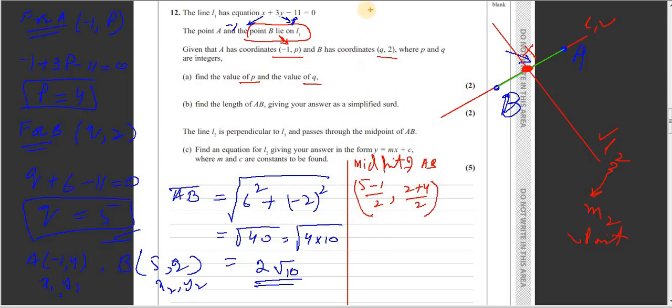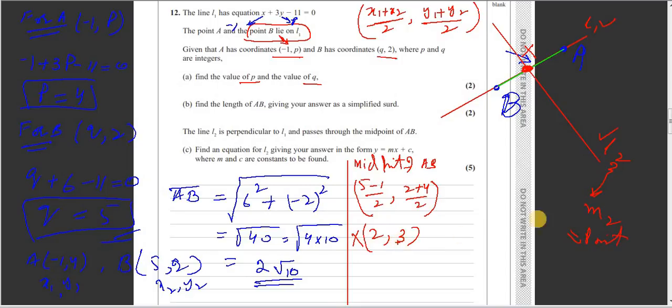The midpoint is x1 plus x2 upon 2, comma, y1 plus y2 upon 2. This is the coordinate of a midpoint. And when you solve that, the midpoint would be 5 minus 1, 4, so 2, comma, 2 plus 4, 6, 6 divided by 2, 3. So 2, comma, 3. This is the coordinate of the point X, and X also lies on L2, which is our point. So okay, now what about the gradient?